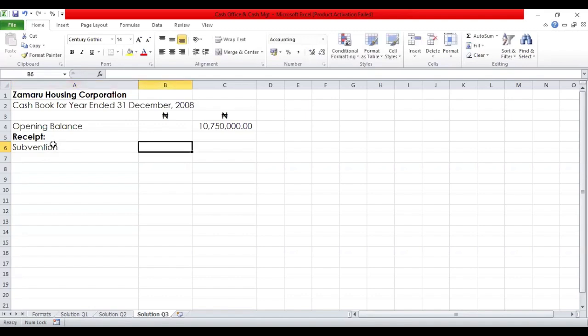How much is the subvention? 27,500,000. The subvention is how much? 27,500,000. Yes.